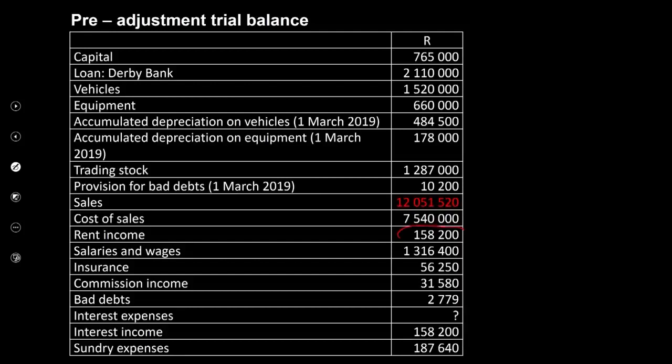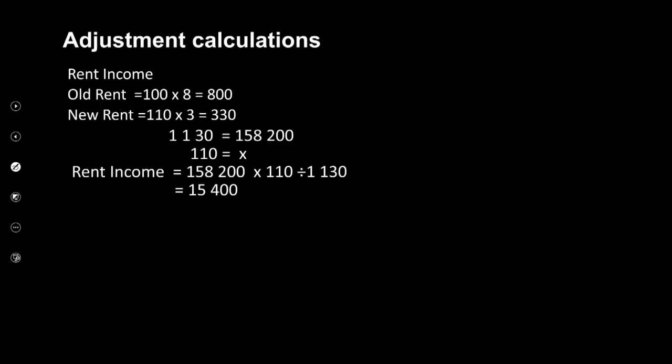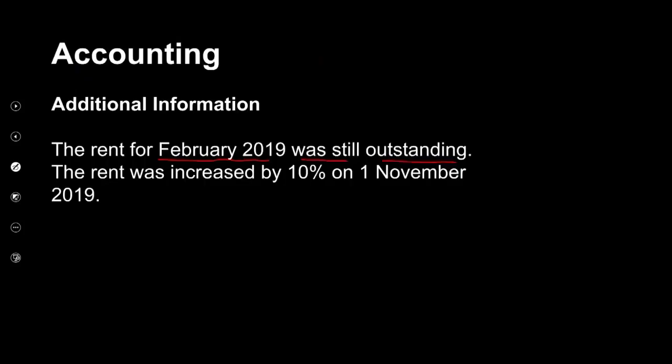It's your rent income, right? And this means that you are looking at accrued income because the rent is still outstanding. Because it's an accrued income, immediately in my bracket, I'm going to have a plus sign, and that is linked to the accrued income. Okay, so that's step number one.